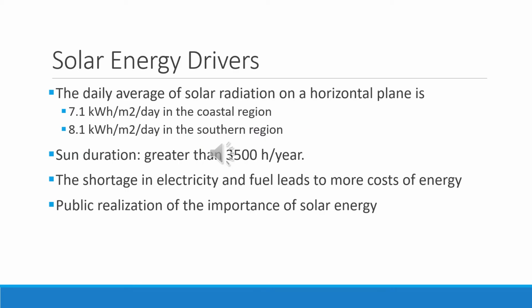First of all, the solar energy driver in Libya is its location. The daily average of solar radiation on the horizontal plane is 7.1 kilowatt hours per square meter per day in the coastal region, where the sunshine duration is greater than 3,500 hours per year.